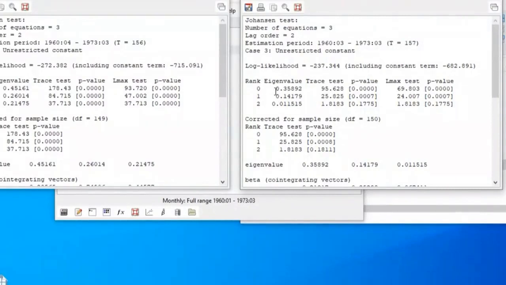Now, how many lags? 2 lags. That is the optimum lag. So consumption as a function of its own 2 lags and 2 lags of income and inflation. That is the first equation. In the second equation, income as a function of its own 2 lags, then 2 lags of consumption and 2 lags of inflation.